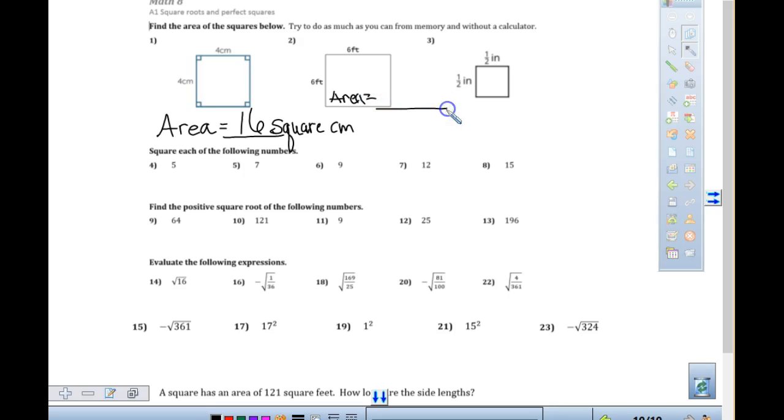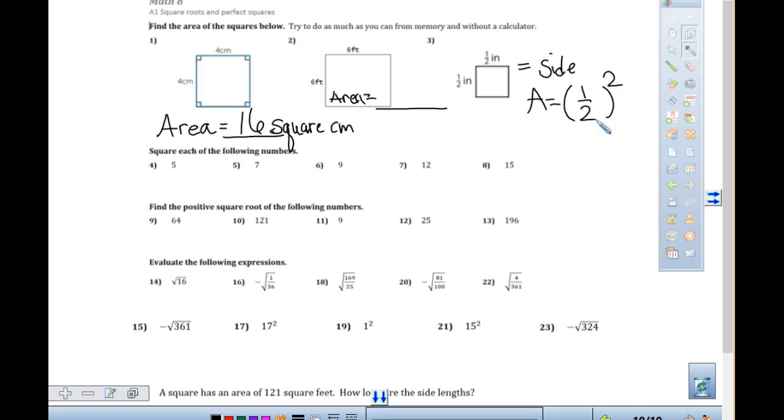Area equals. So, what do we have to do with the 1/2? If I know this side is 1 inch, what do I have to do with the side to get area? Area equals taking the side and doing what? Squaring it. I don't want a decimal.